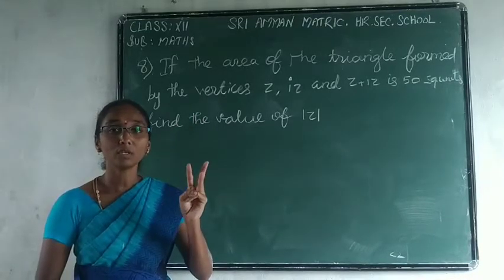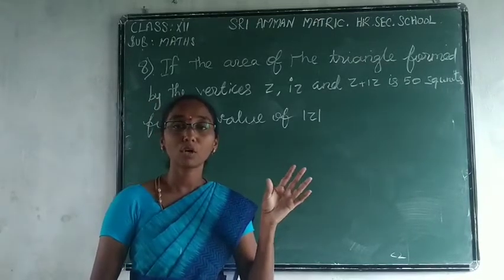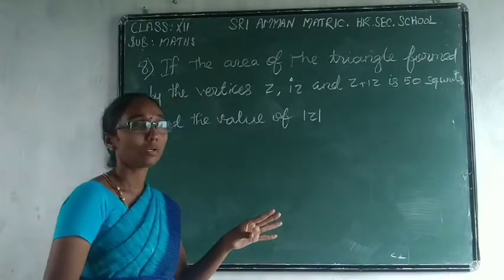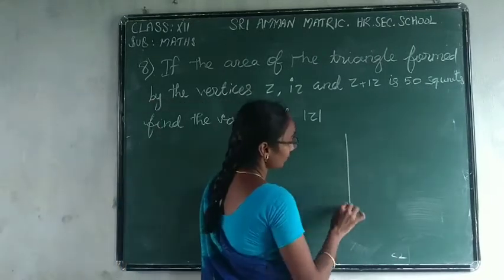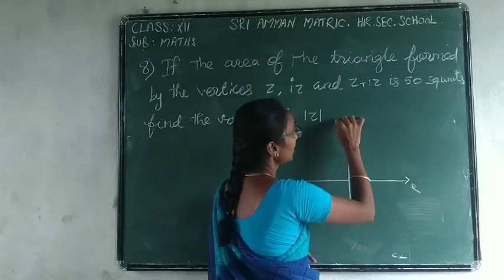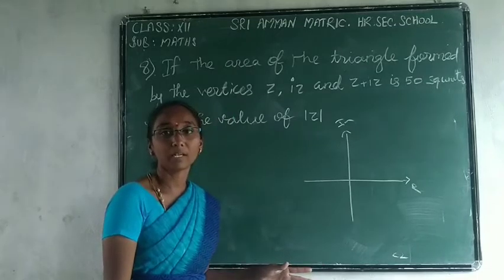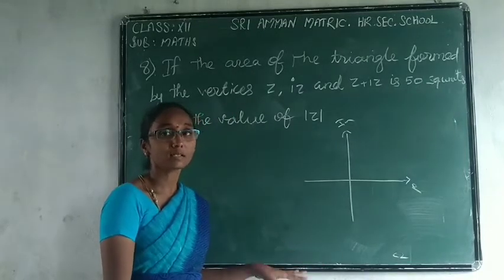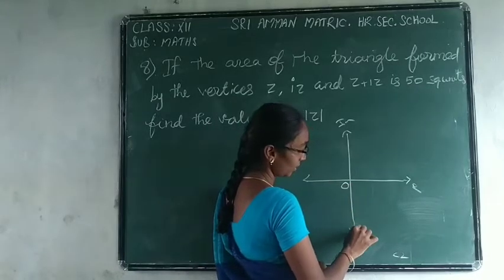The vertices have x and y coordinates, in order x comma y. In these 3 vertices we are going to draw. This is the real axis, this is the imaginary axis. It is an orthogonal plane, considered as the complex plane.